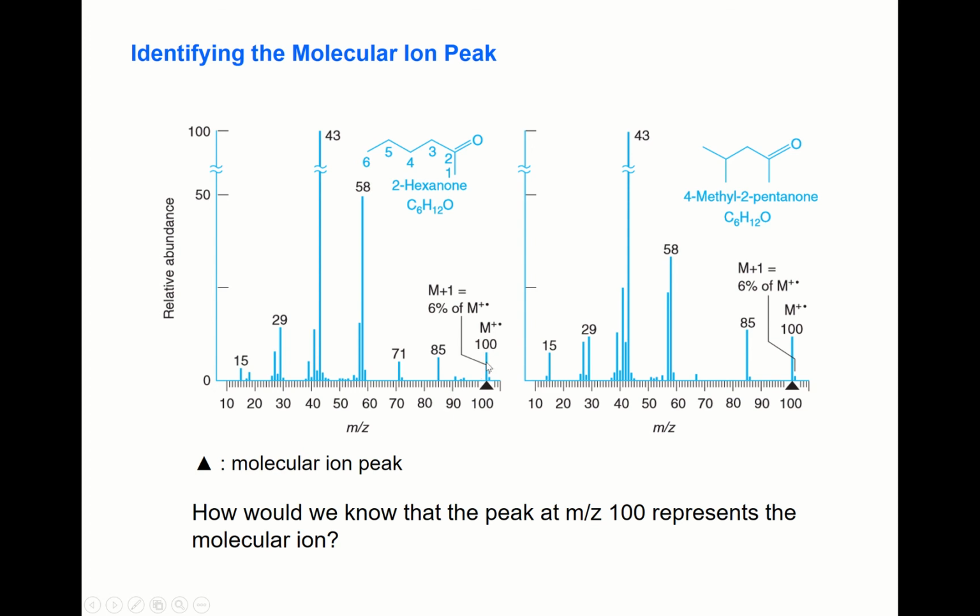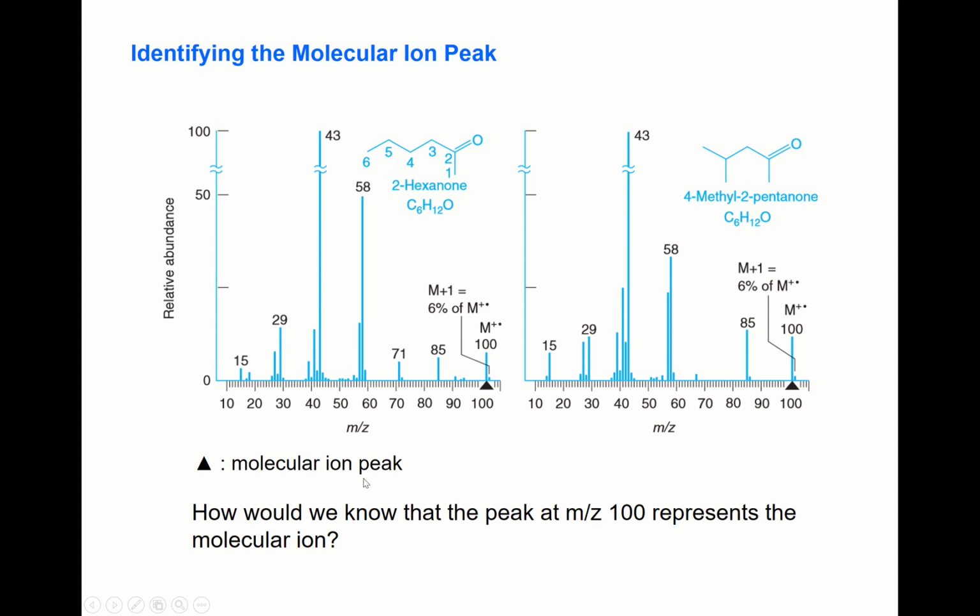Yeah? There is a high chance that this peak corresponds to a molecular ion peak. Okay? But here, let's say these two species, although they have the same number of each atom, the structure is different. So the fragmentation pattern is also different.